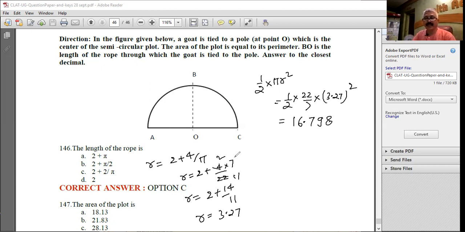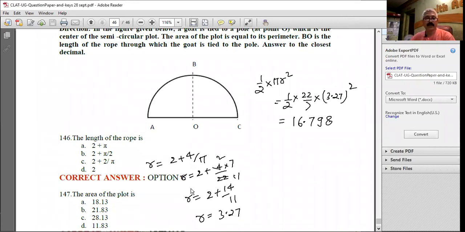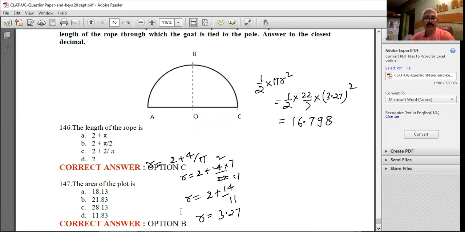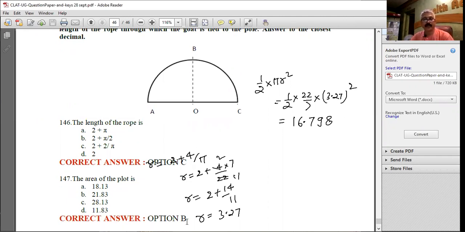Correct? And here answer is given B. Correct. What is B? B is 21.83. So again, it is wrong.